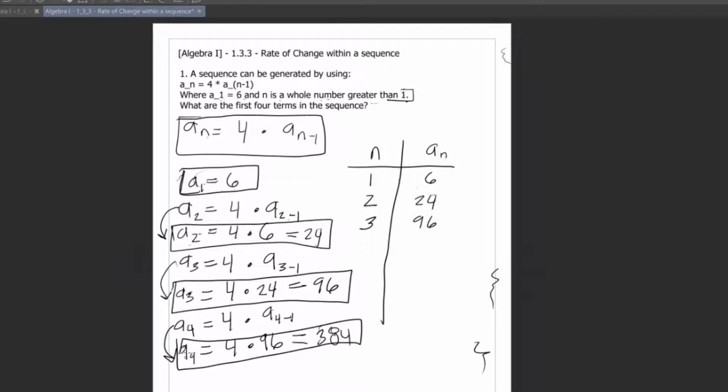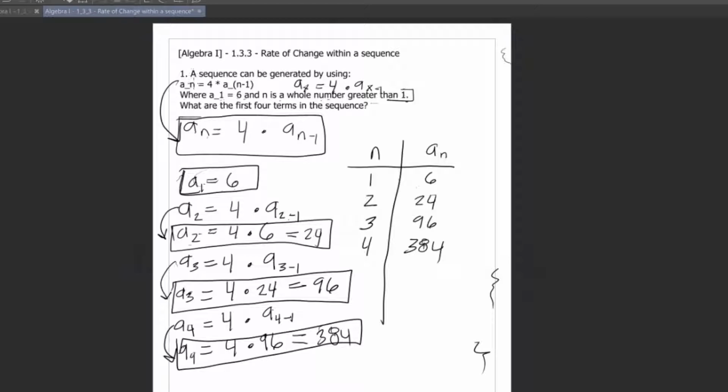Okay, so to walk back through the process without speaking and doing it at the same time. What did we do? We have an equation given to us. We have a sub n, which you can say is a sub x, whatever, right? So a sub x equals 4 times a sub x minus 1.